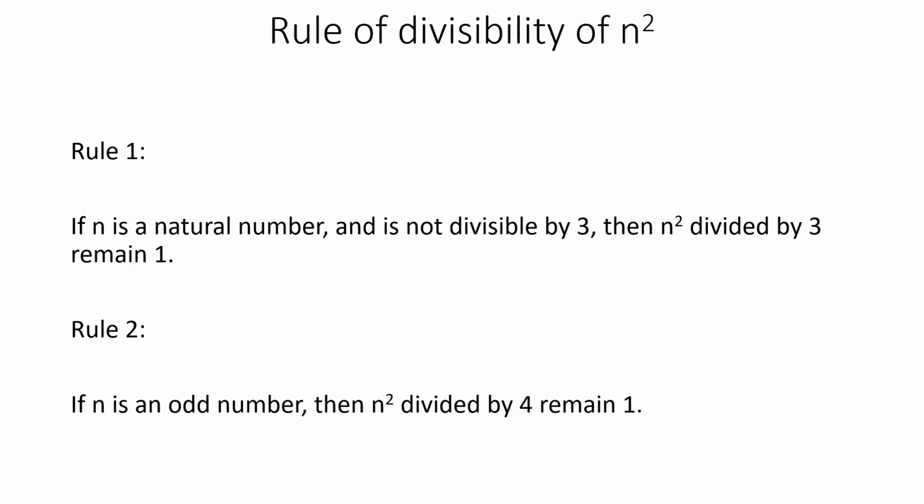We can try it with any number you can think of. It works with every number, even 1. But for the sake of this question, we're going to use 3. If 3 squared is divided by 4, the remainder is 1. So when 9 is divided by 4, the remainder should be 1, and it is.